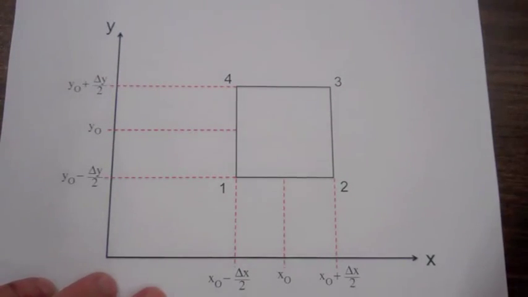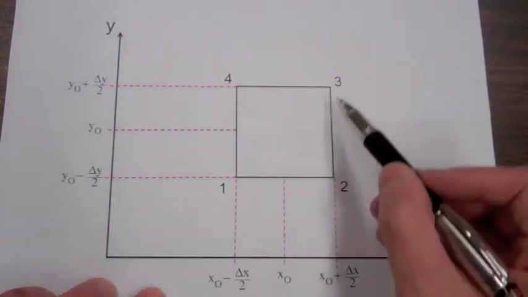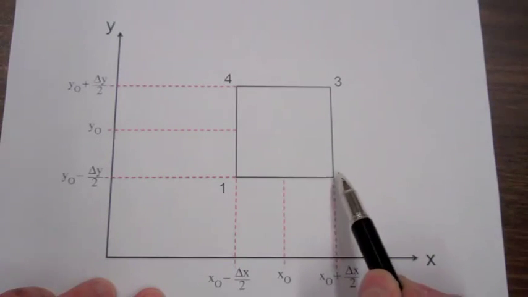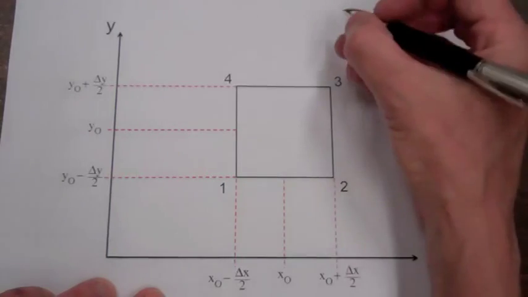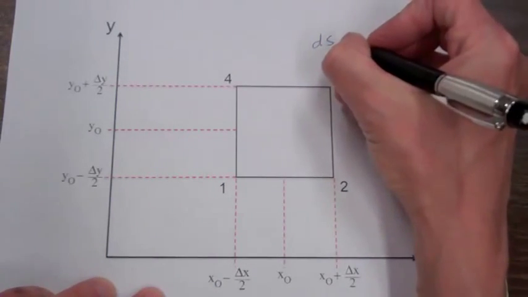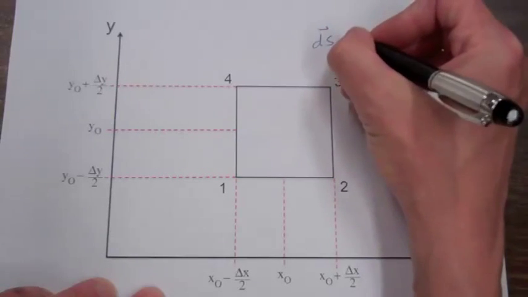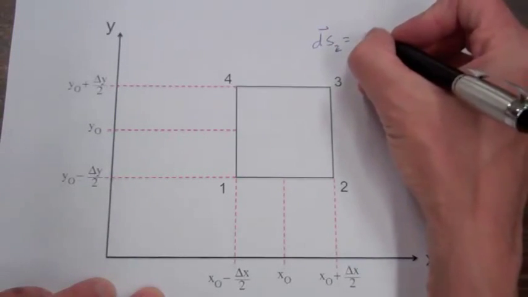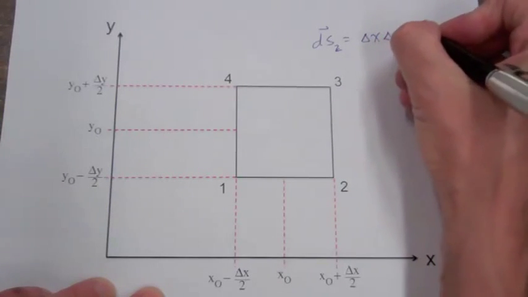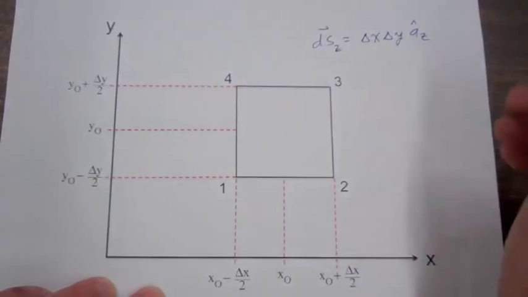We will first find the component of the curl in the z direction. So here we have a differential path in Cartesian coordinates of side delta x and delta y. Okay, so the differential surface element dS_z is equal to delta x delta y, unit vector in the z direction.